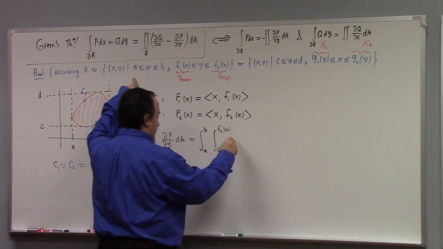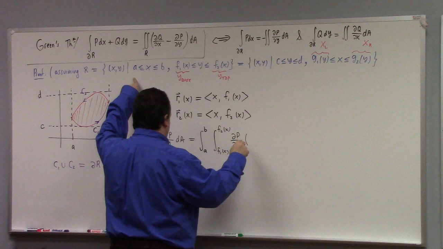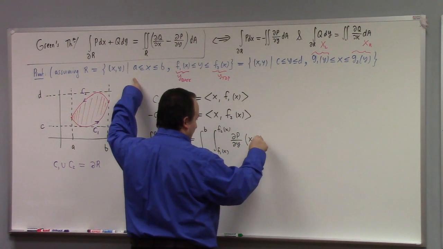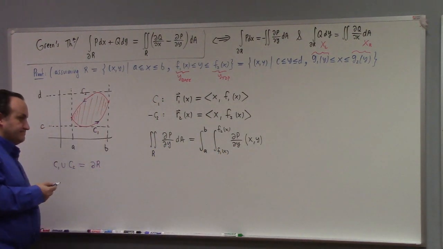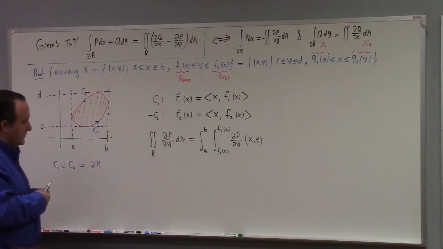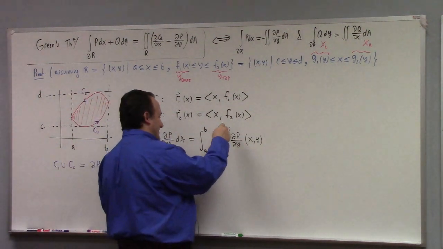And then we're supposed to do partial p, partial y of x comma y. And which integral comes first?